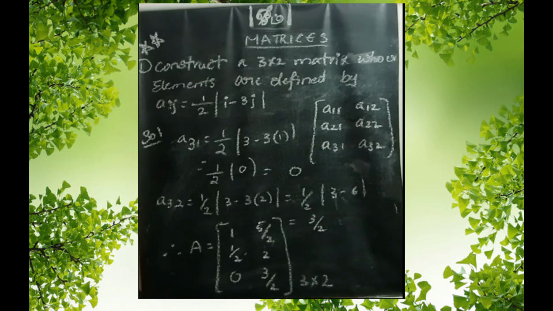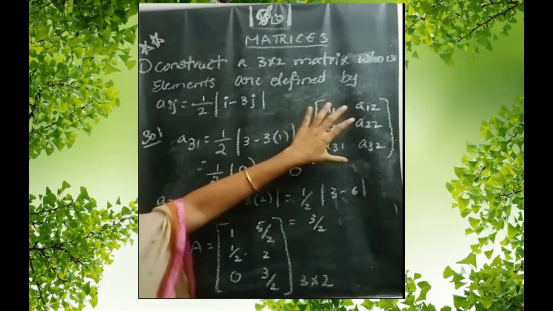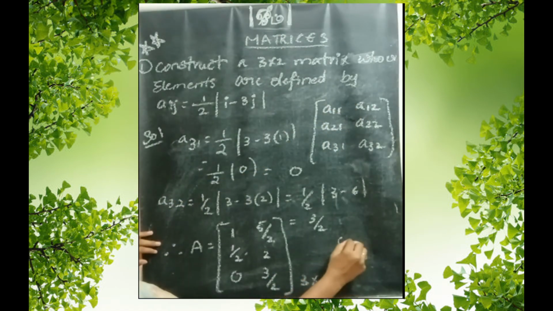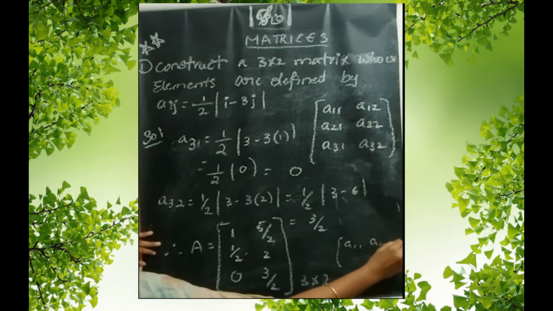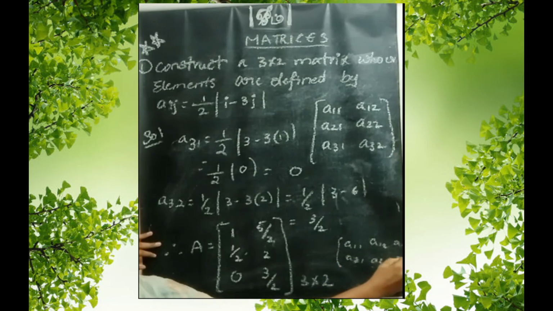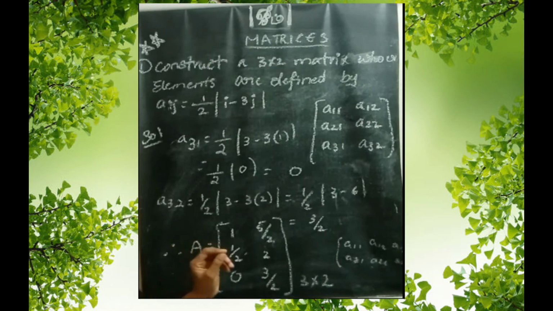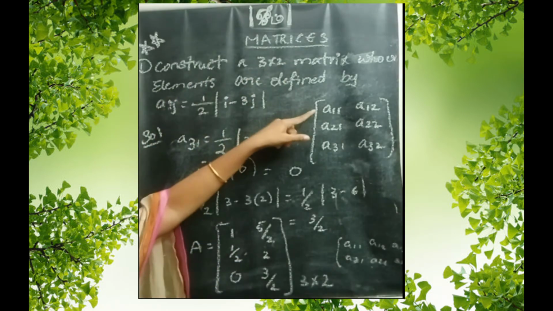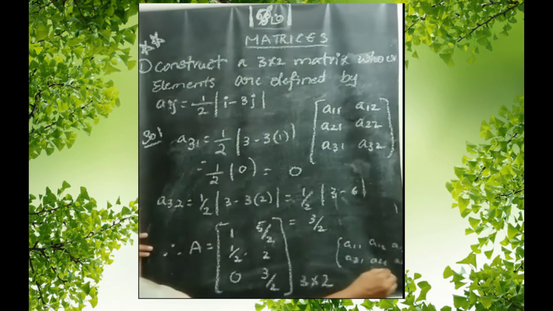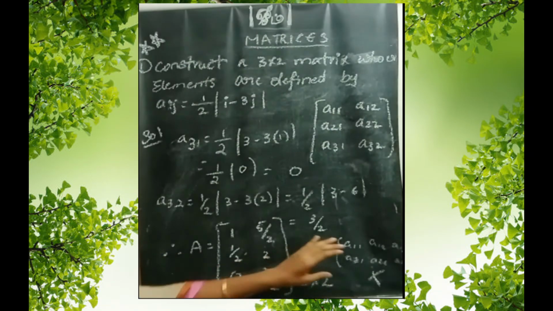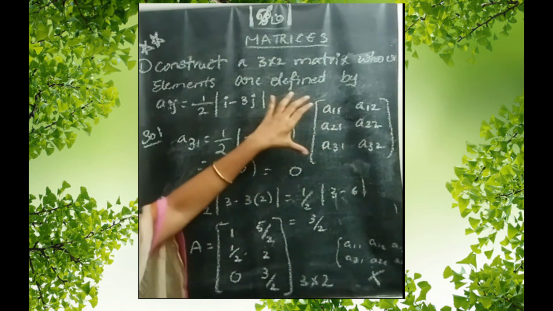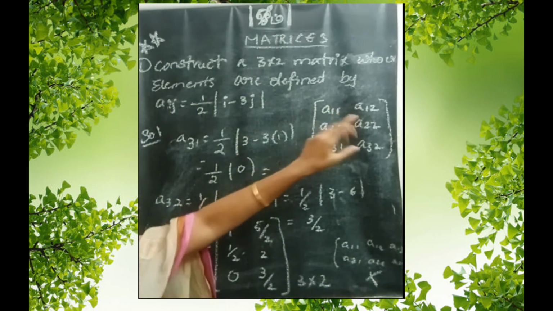Don't confuse. Many students will write the matrix like this: A11, A12, A13, A21, A22, A23. First we have to write the rows. Here 3 rows are there and 2 columns. Don't write like this. Many students make mistakes here. So don't confuse it. A 3 by 2 matrix means 3 rows and 2 columns.